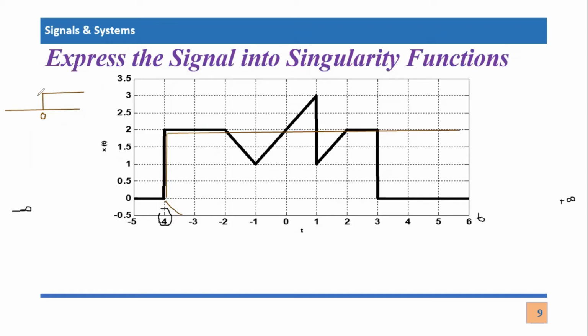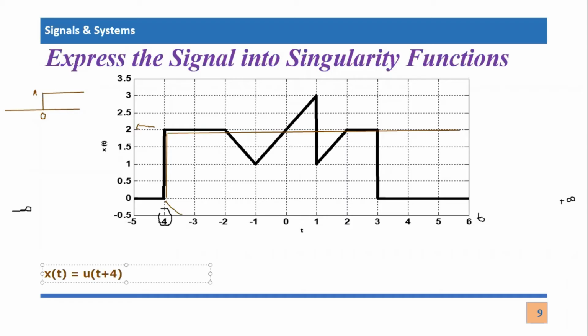Furthermore, one more important thing: usually a step signal has a certain amplitude, which is called the step level. In this specific example, this step level is 2, right? So we can express the signal very easily by simply writing x of t. This is our x of t signal, and the very first behavior we notice in this signal is a step, u of t, but it is not simply a unit step. It's rather an advanced version of the unit step, because it's starting from the -4 point.